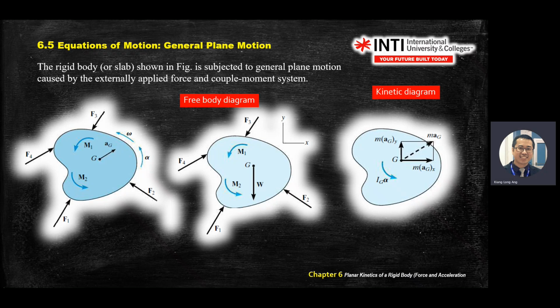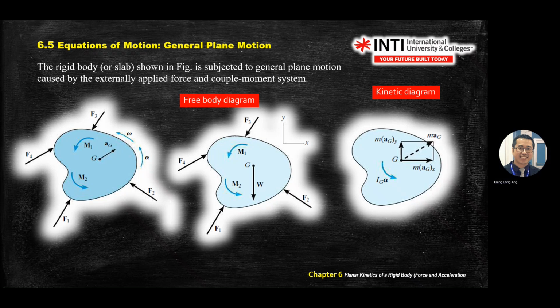What is different here is that from the original, you're given the resultant of a_G. So when you do your kinetic diagram, you split it into X and Y directions, so that later in your calculation, the F equal to ma equation, you can break into X component and Y component.